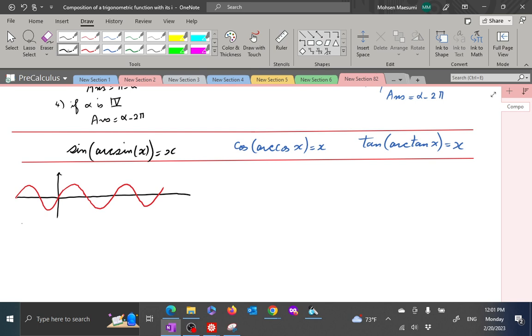So what does this graph mean? This is the graph of y is equal to sine of x.